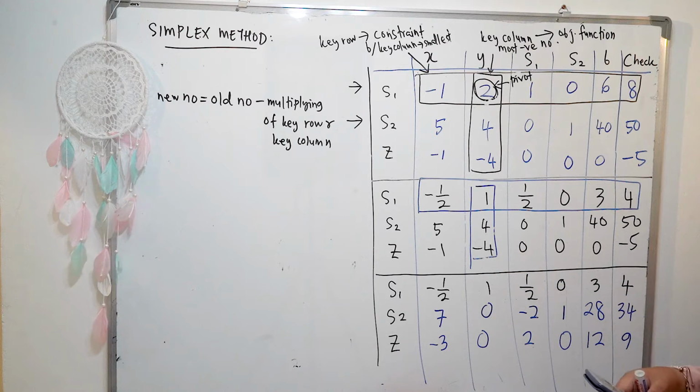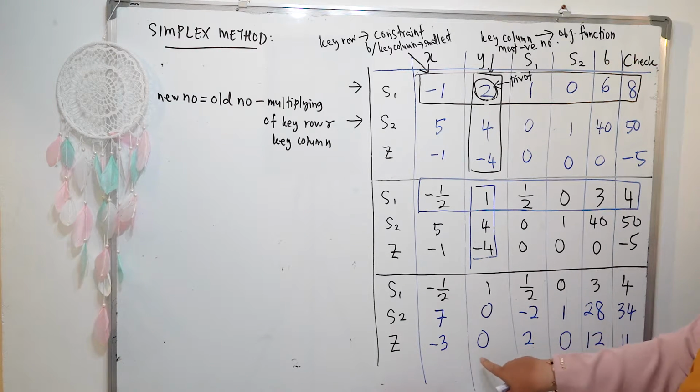So over here, negative 5 minus 4 times negative 5. So over here, I got 11. Okay, we check back. Negative 3 plus 2, negative 1. Negative 1 plus 12, 11. So it's correct.